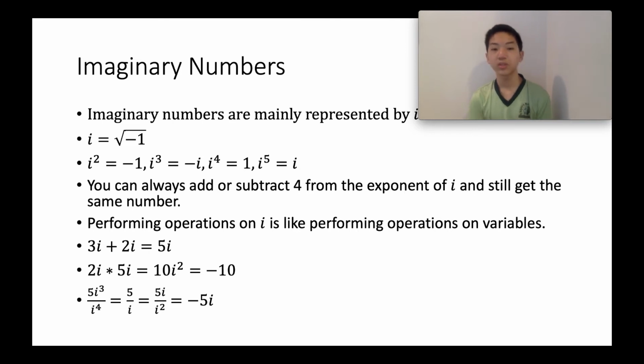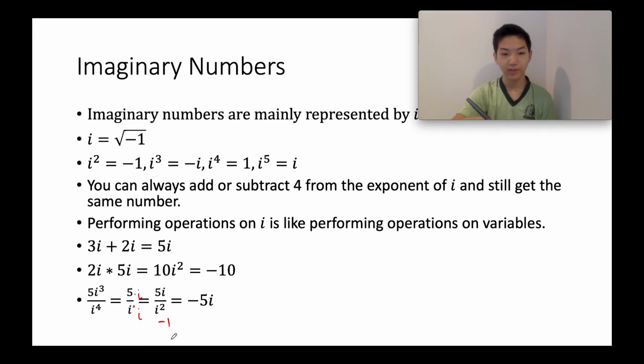Two things to keep in mind here: for an expression to be truly simplified, i cannot be in the denominator. You can see here that we removed i from the denominator by multiplying both the top and the bottom by i. And then the denominator is equal to -1.